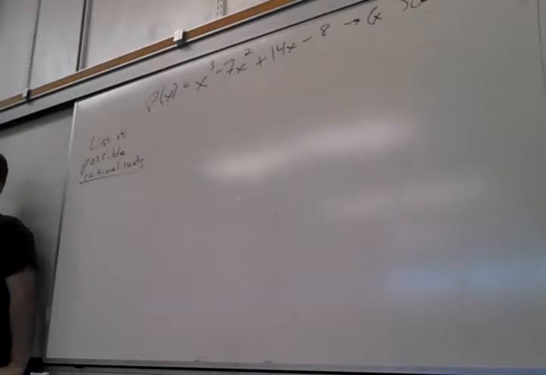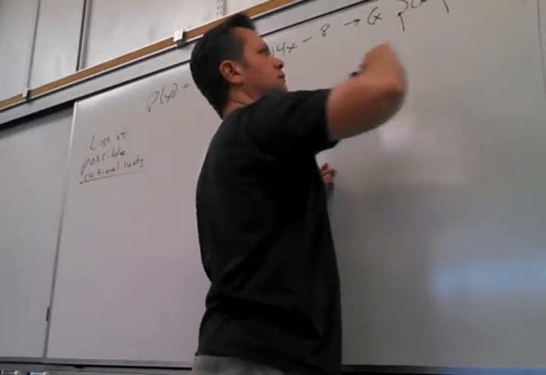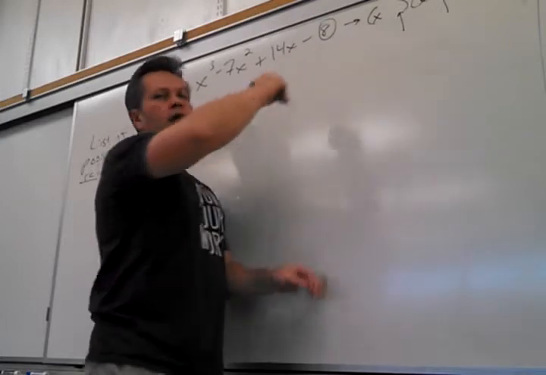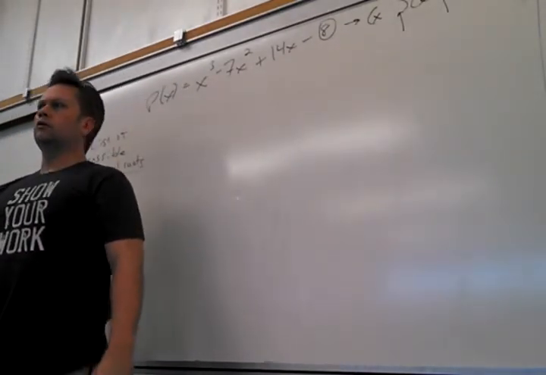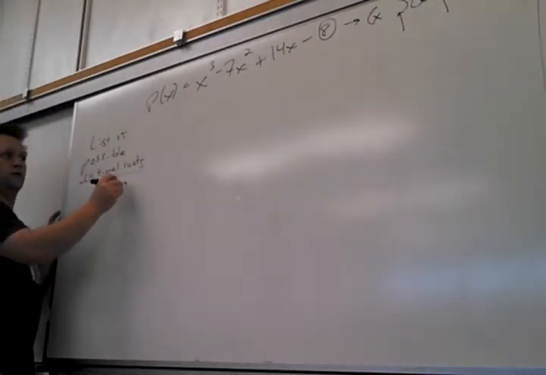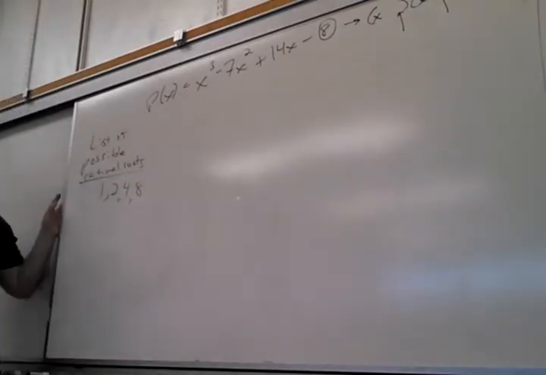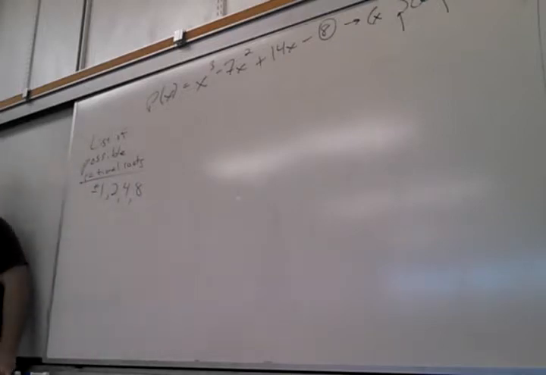What's got to be true about the numbers that go here, here, and here? They've got to multiply to negative 8, right? 1, 2, 4, 8. All right, good. Factors of 8. Plus or minus, right? Some positive, some negative, so I end up with a negative.